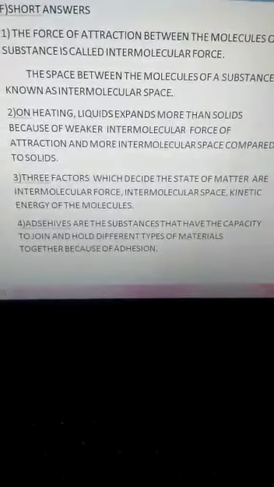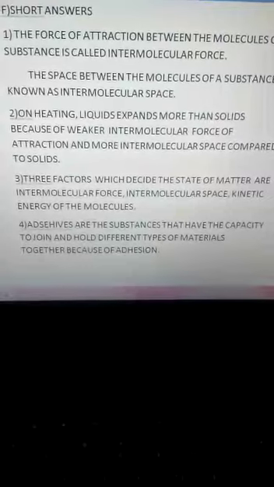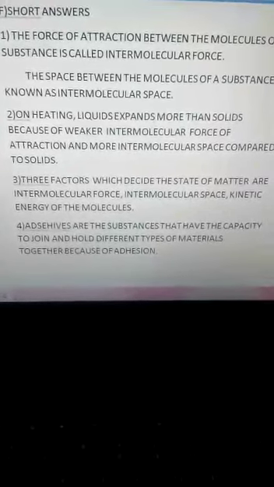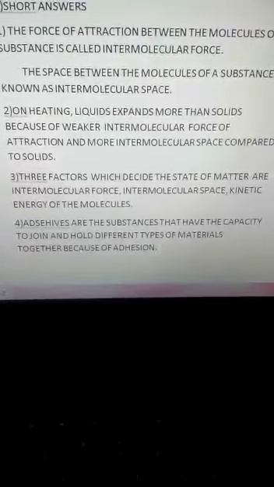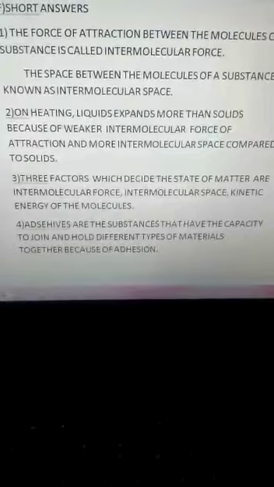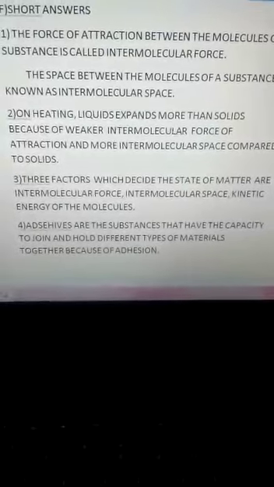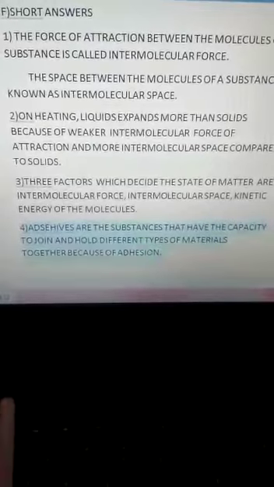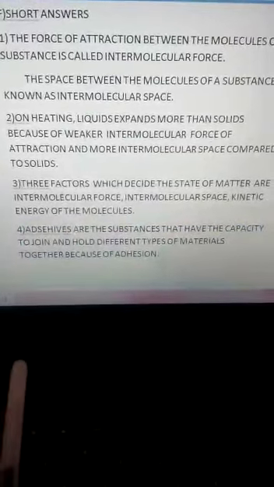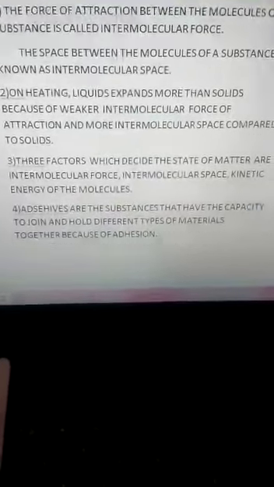Third one, three factors which decide the state of matter are intermolecular force, intermolecular space and kinetic energy of the molecules. Fourth one, what are adhesives? Those are substances that have the capacity to join and hold different types of materials together because of the force of adhesion.